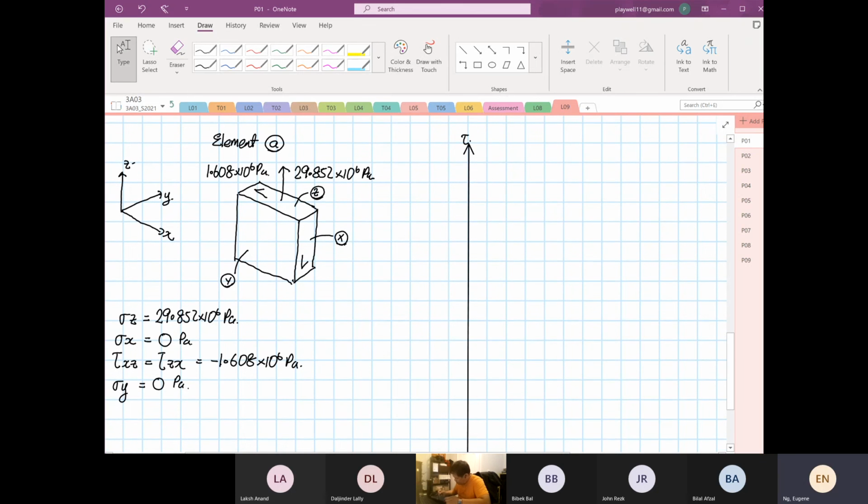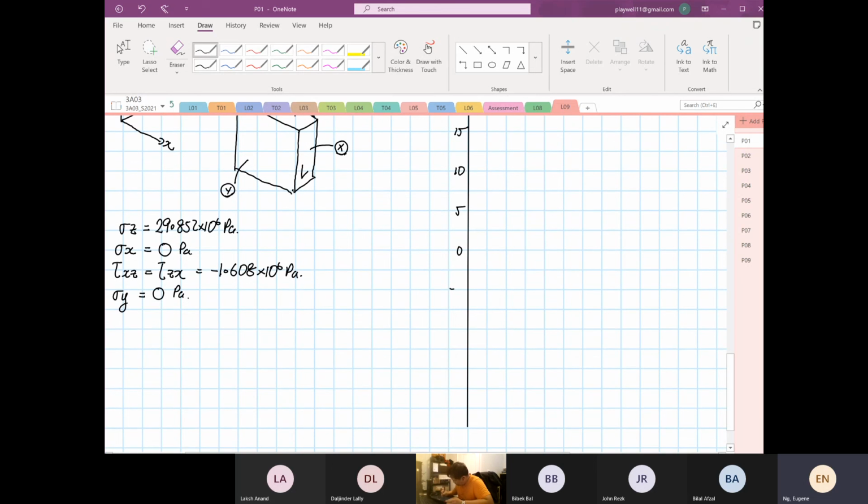I'm going to start with 20, then 15, 10, 5, 0. So this is our shearing stress, minus 5, minus 10, minus 15, minus 20.